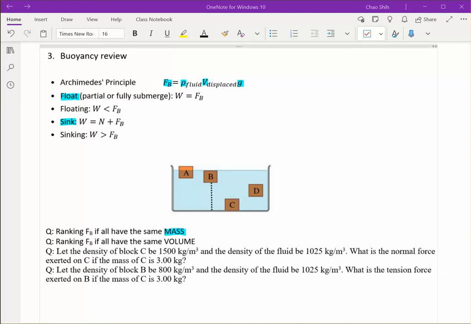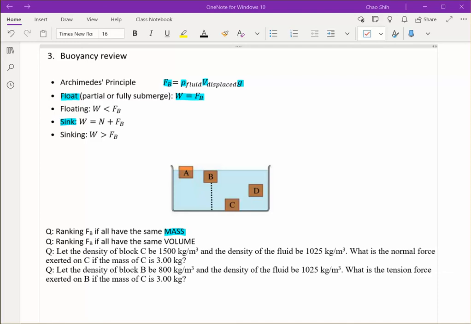And if you look at the situation, what is the situation in which your buoyancy force will be equal to the weight? Well, this is the situation where the buoyancy force is always going to be equal to the weight when things are partially or fully submerged.